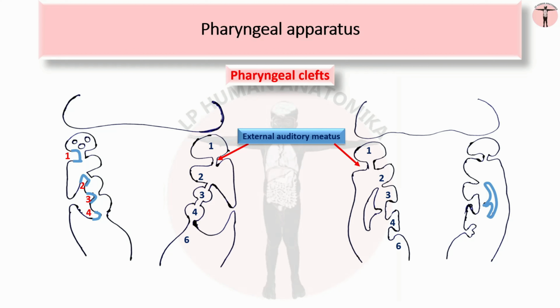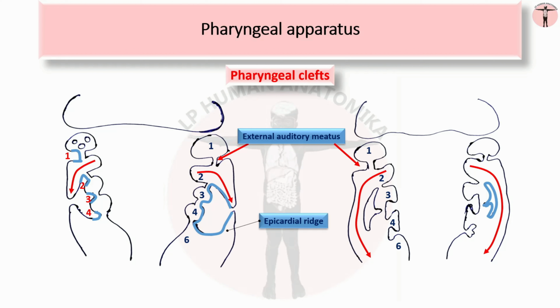The mesenchyme of the second arch proliferates and overgrows the 3rd and 4th arches, overlapping them, and merges with the epicardial ridge in the lower part of the neck.